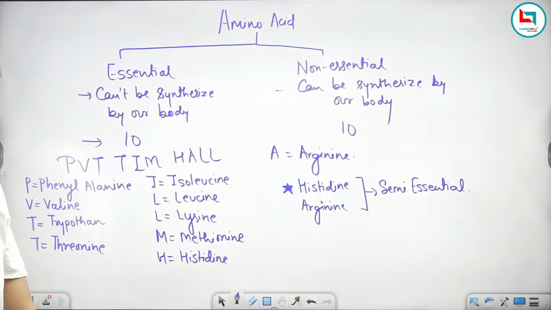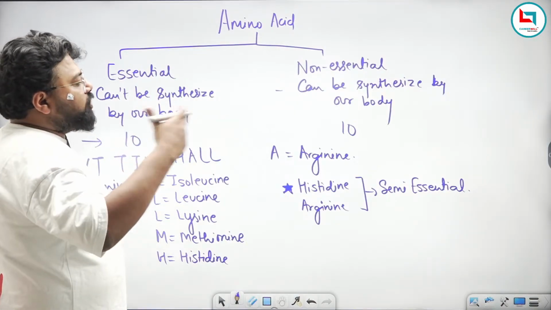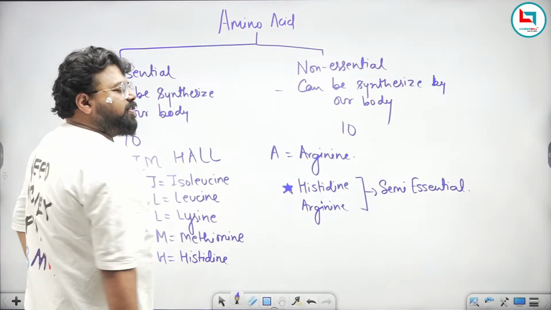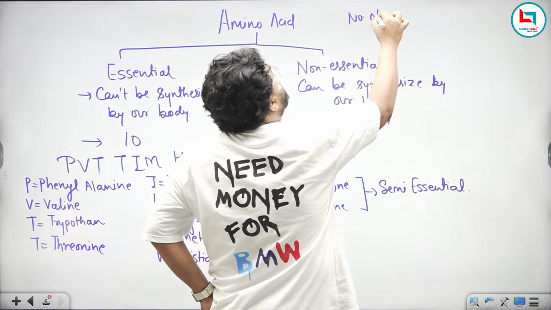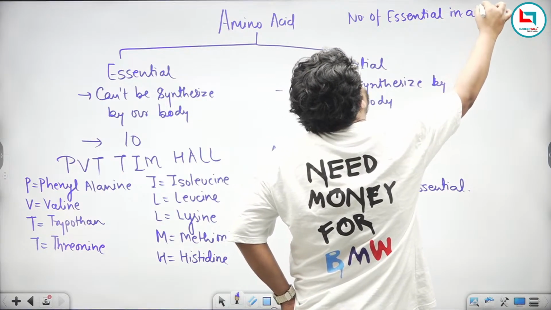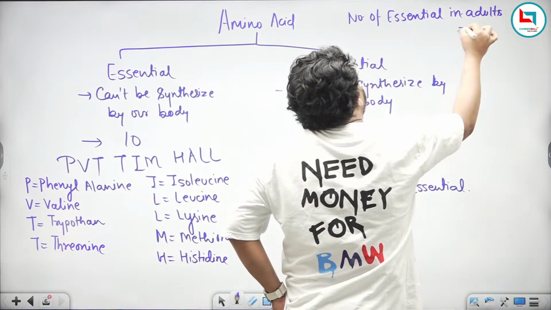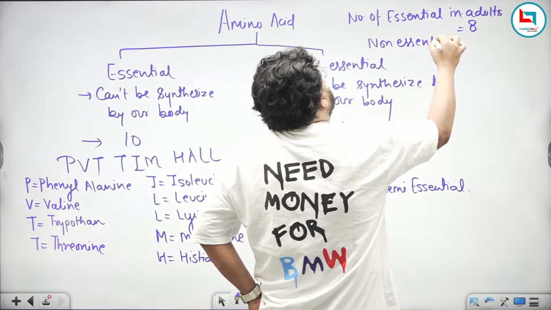After 16 years, when we attain the phase of adult, means after completing 18 years, these amino acids get synthesized by our body. That's why the number of essential in adults will become 8 and the number of non-essential will become 12.